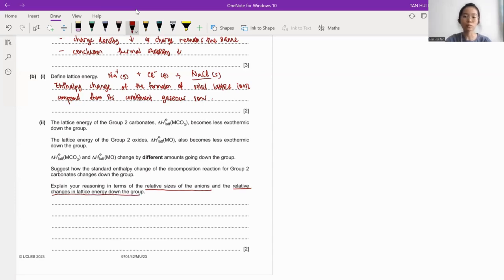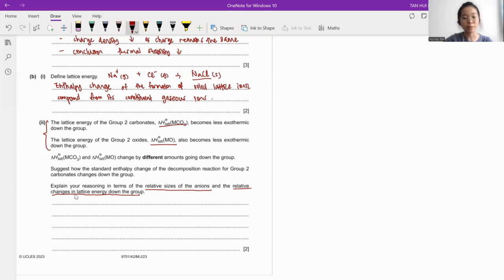First, don't panic when you see such a long question and think that it's going to be hard, because it is not a common question, I would say. Now look at the first part of the question. It talks about the lattice energy of both MCO3 and MO, both becoming less exothermic.